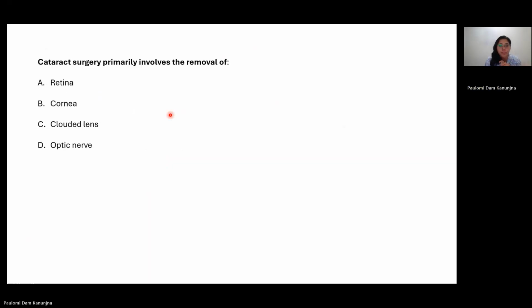Okay. Now, if you are to do cataract surgery, what is removed in a cataract surgery? Easy, but read and then try to answer it. Yes. So the answer will be clouded lens because cataract is a problem associated with lenses, right?